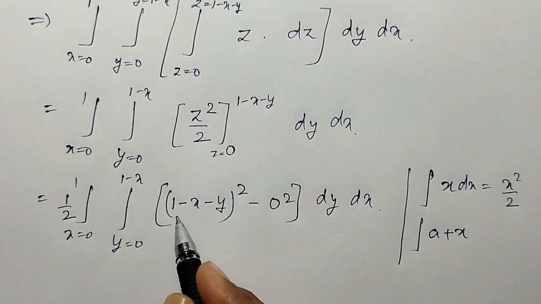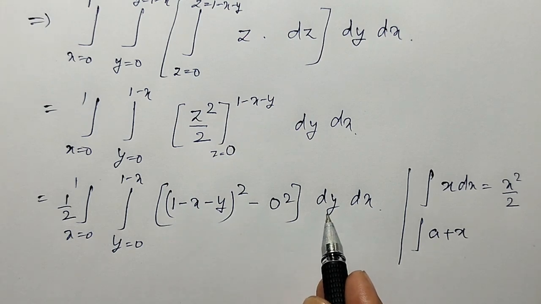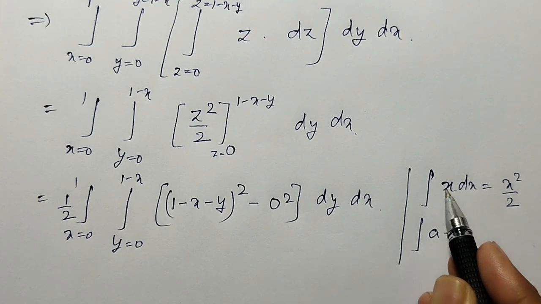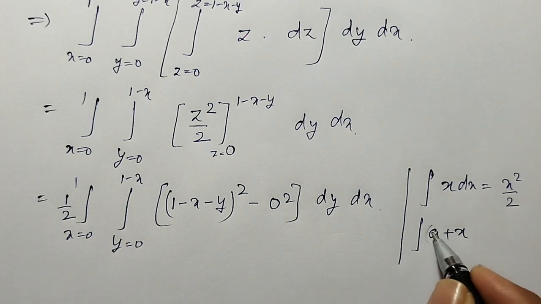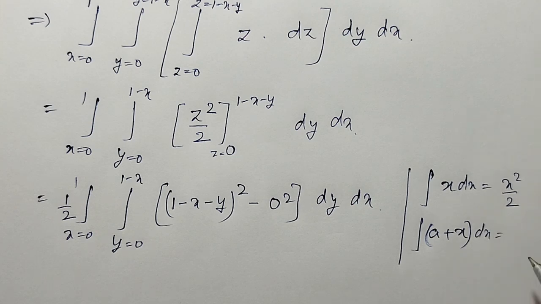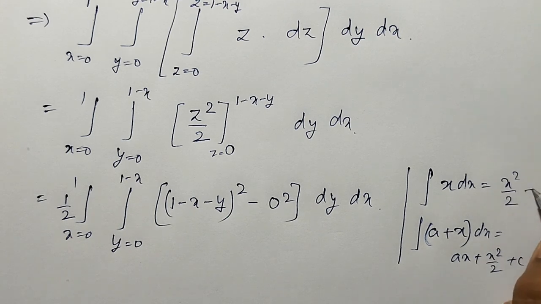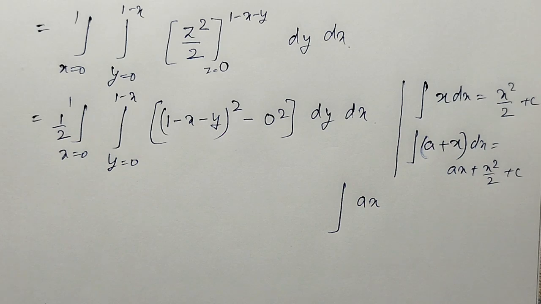To evaluate 1 minus x minus y the whole square with respect to y, let us discuss some basic formulas.